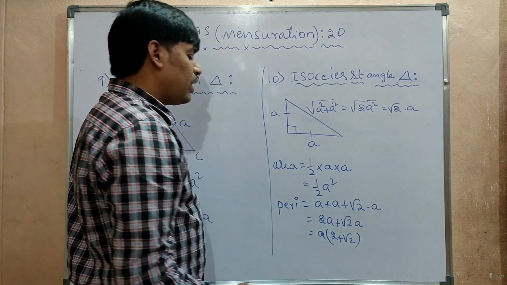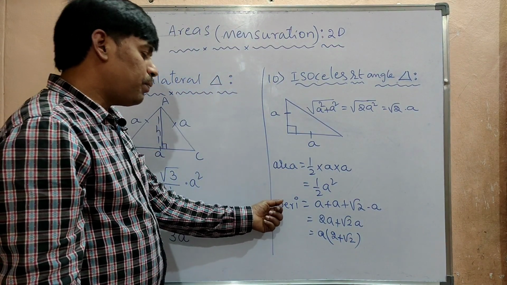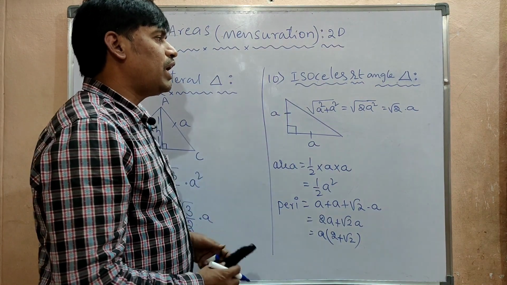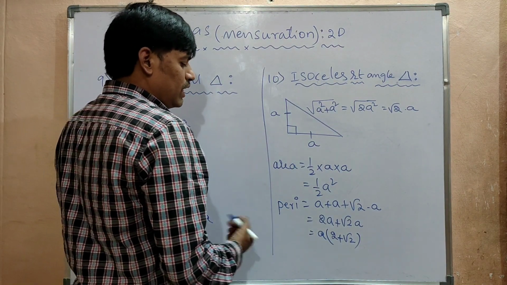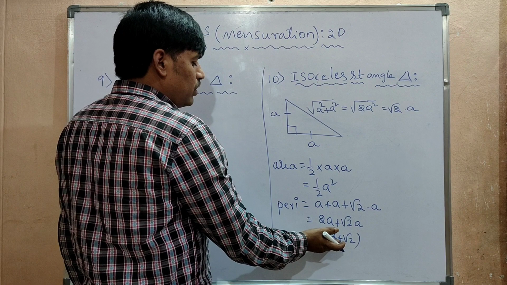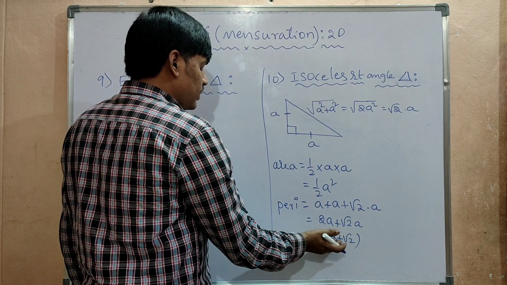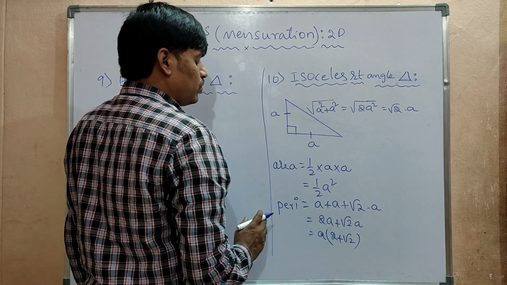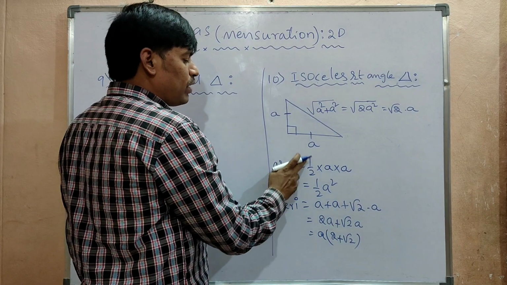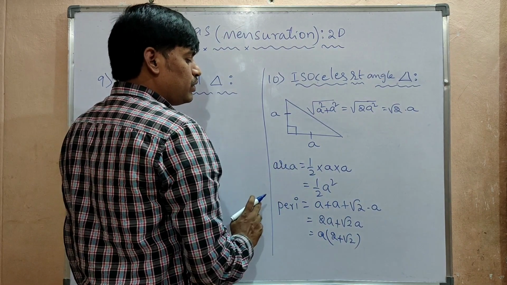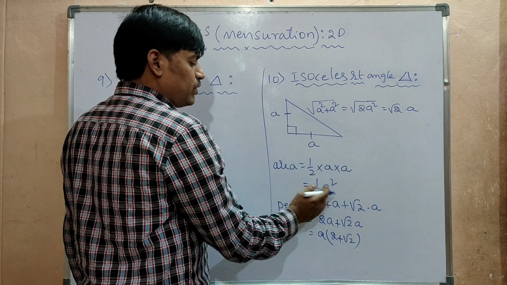So the perimeter of the isosceles right angle triangle is a into 2 plus root 2, and the area is 1 by 2 a square.